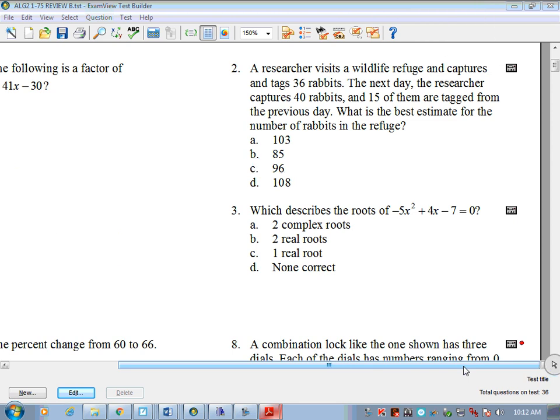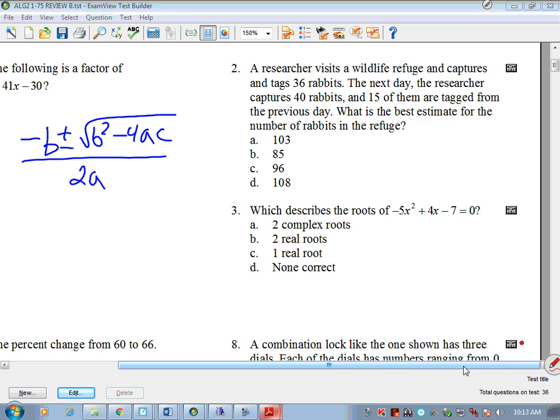All right, number 3. Which describe the roots of negative 5x squared plus 4x minus 7. This is called, I'm trying to think of the term for it, finding the discriminant. Okay? And finding the discriminant means that we're going to take, if you remember the quadratic formula is negative b plus or minus the square root of b squared minus 4ac all over 2a.